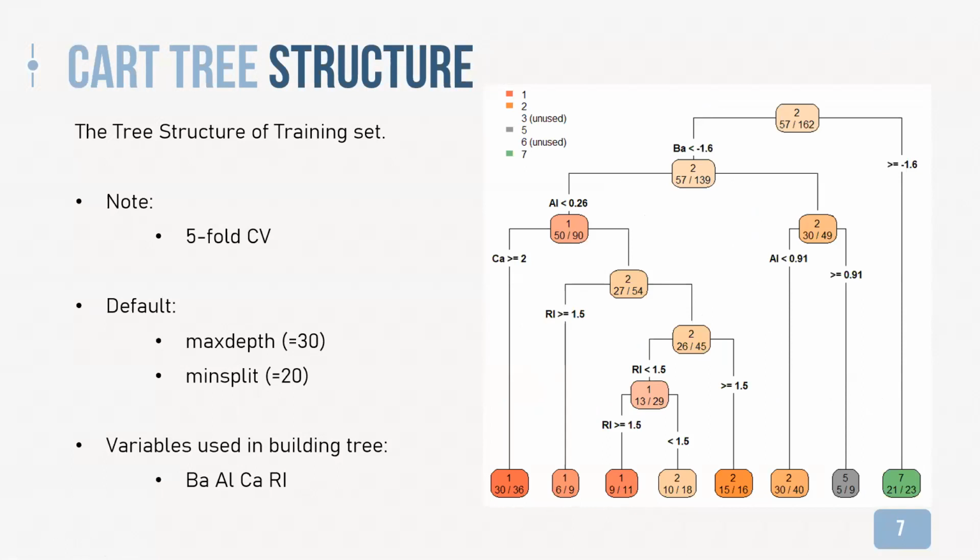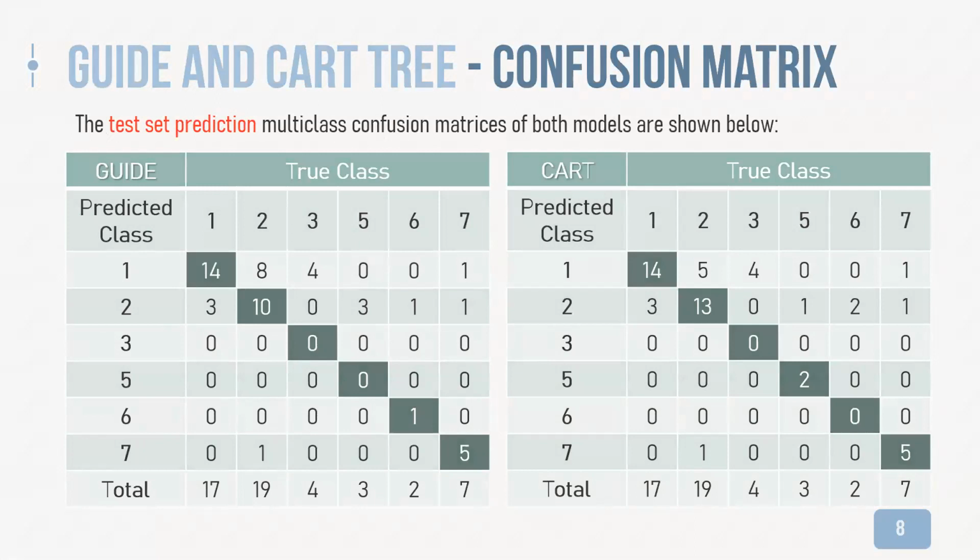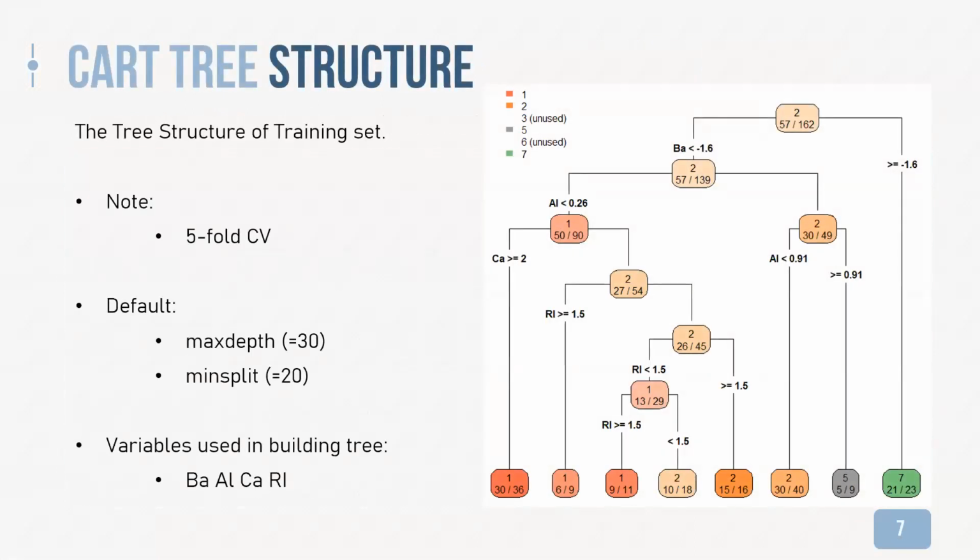And the interpretation of the tree structure is similar to GUIDE. The left side of the slash is the correct prediction, and the right side after the slash is the sample size. So we may see it also starts from barium, and also similar variables are used in the splitting.